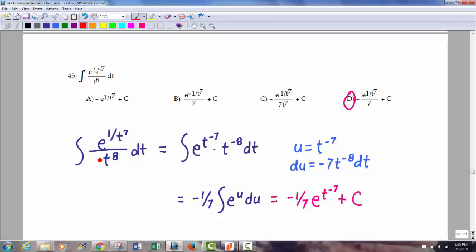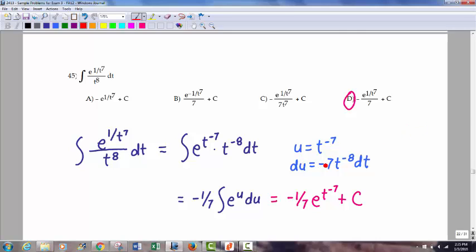Bring the t to the 8th to the top and make it t to the negative 8. And now you have something all written up with no fractions or anything, and it's a little easier to focus on. And then we're going to do what I said in the last problem, let's see what happens if we let u equal the exponent, which in this case is t to the negative 7.